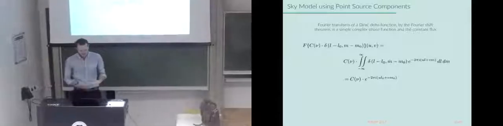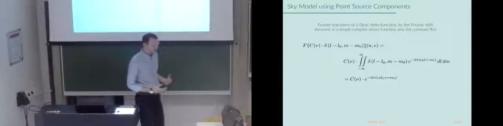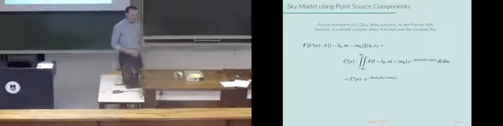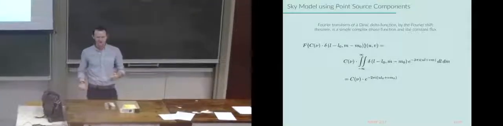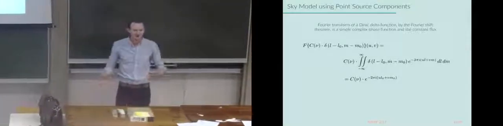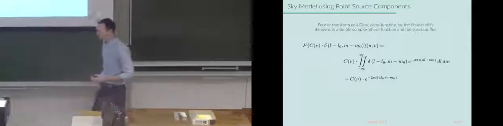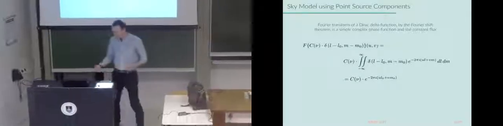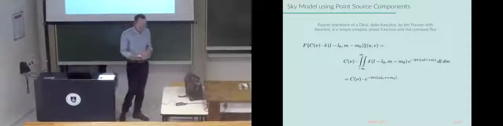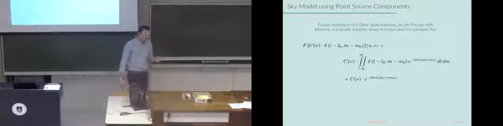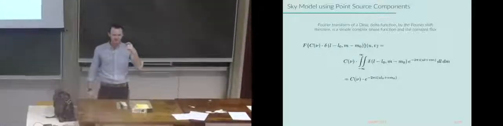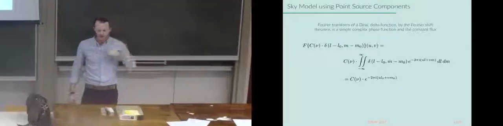What we have to do instead is make some assumptions about the sky. We know something as radio astronomers, that the sky is filled with sources, and we kind of have a feel for what they are and how they're spread out. One thing we make the assumption about is that most sources are kind of point-like, right?